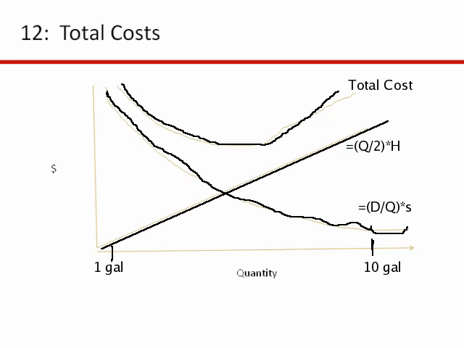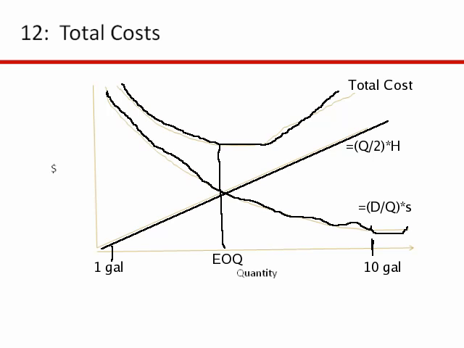So you can see the minimum total cost is going to be where the ordering cost intersects with the holding cost. And this quantity where that intersection occurs is called the EOQ, all right? So the EOQ is the quantity that minimizes the sum of the ordering and the holding cost. Okay?